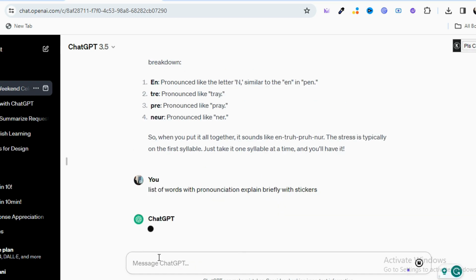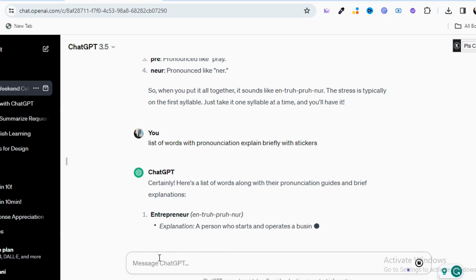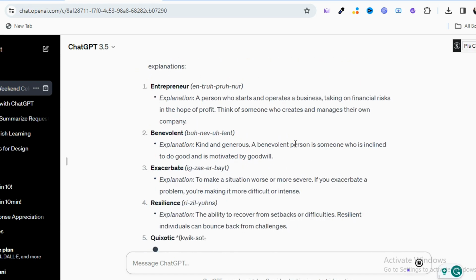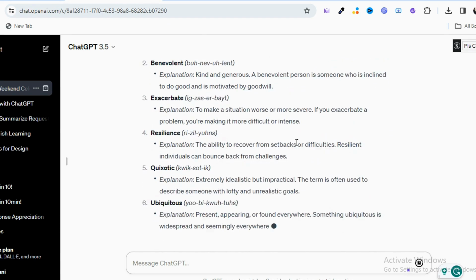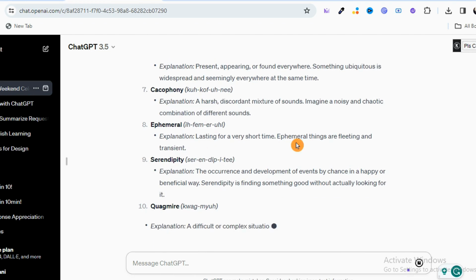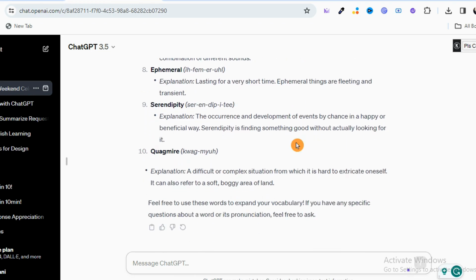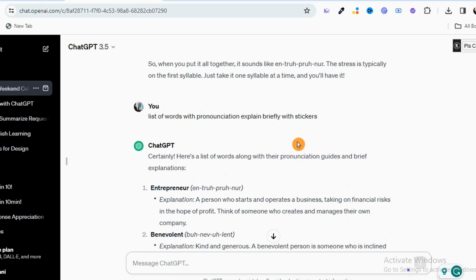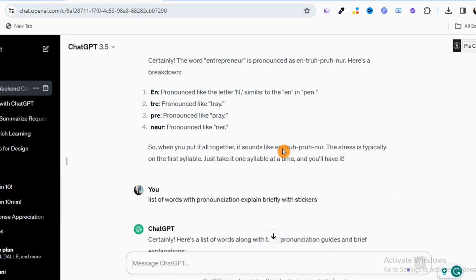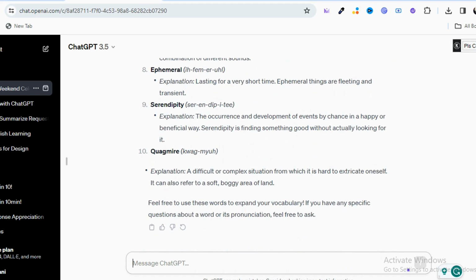ChatGPT also provides stickers. Oh my gosh, he is explaining in such a unique way. I don't know if he or she is. But where are my stickers, ChatGPT? Okay, ChatGPT also provides stickers.